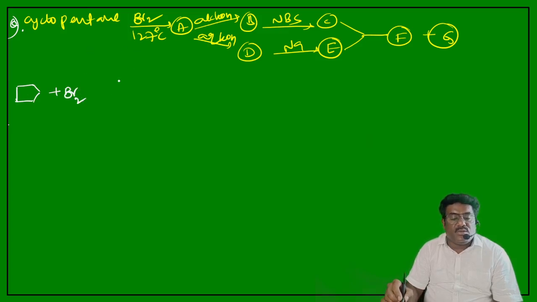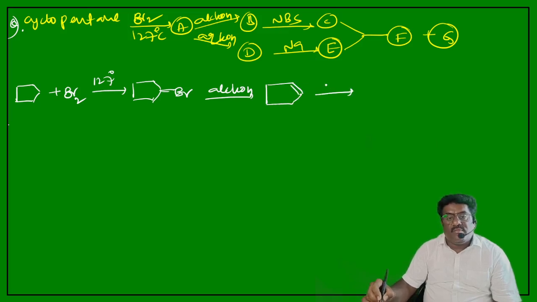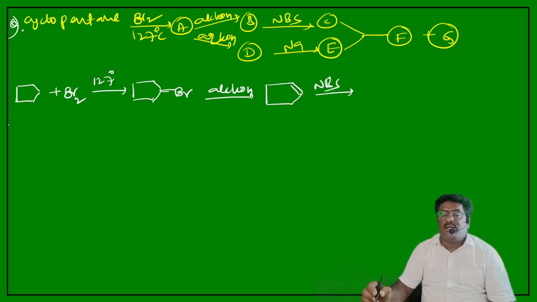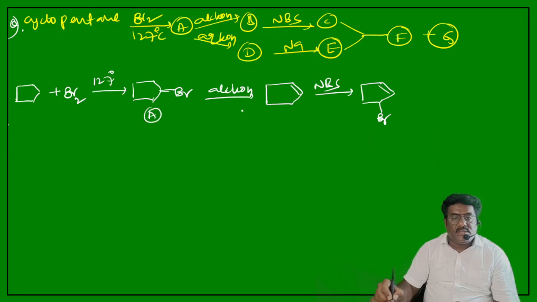Cyclopentane in the presence of Br2 at high temperature gives bromocyclopentane. Bromocyclopentane in the presence of alcoholic KOH means elimination, which gives cyclopentene. Cyclopentene in the presence of NBS, N-bromosuccinimide, means allylic bromination, which gives this product. This is A, this is B, this is C.